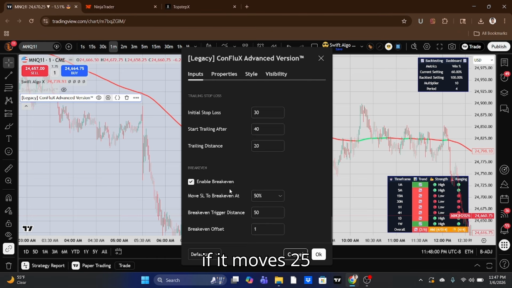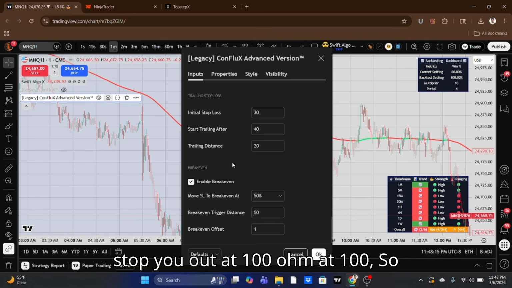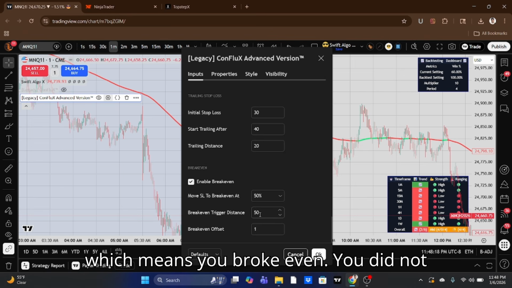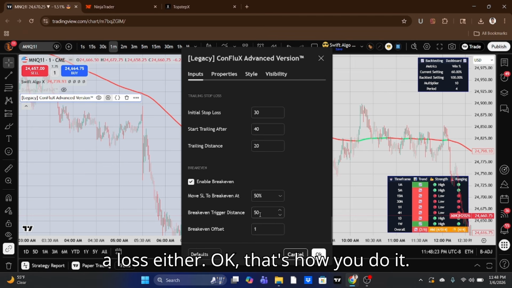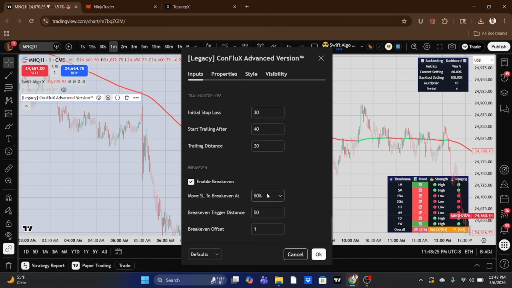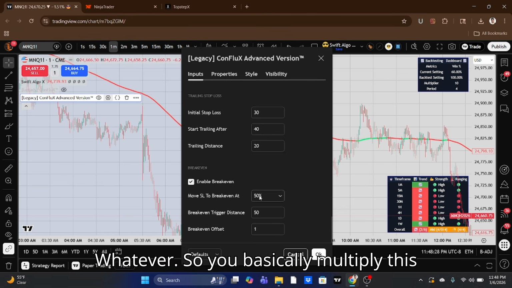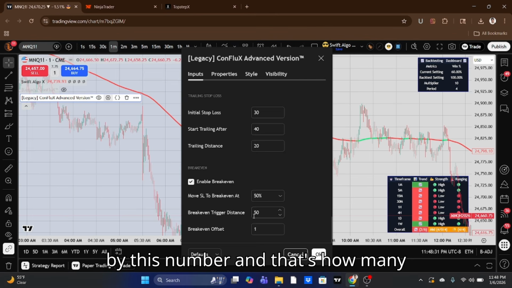If it moves 25 points in your direction, so it's now at 125, and price reverses, it's going to stop you out at 100. Which means you broke even. You did not end it in profit, but you did not take a loss either. Okay, that's how you do it. Whatever, you basically multiply this by this number, and that's how many points it has to move in order for the break even to trigger.